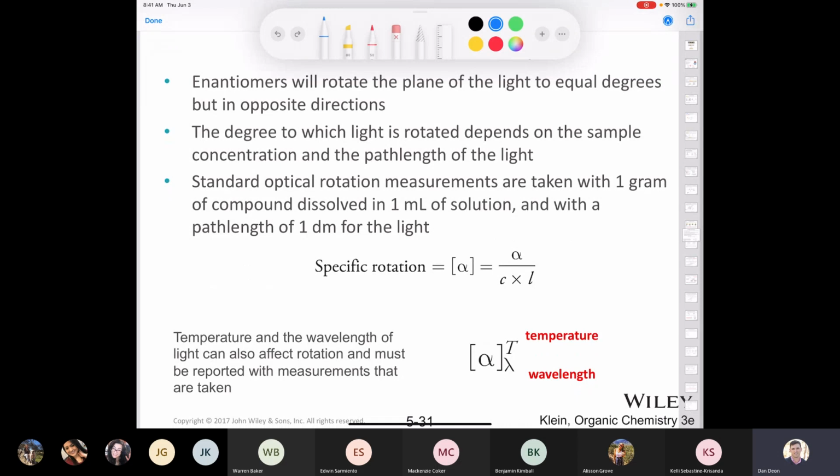Enantiomers, like I said, are going to rotate plane polarized light to equal degrees, but in opposite directions. I can tell you right now that a couple of years ago, there was a question on an ACS final exam, and I don't have the exam in my possession, but I have a little bit of it in my memory. One of the questions was nothing more than this. You have a chiral compound.